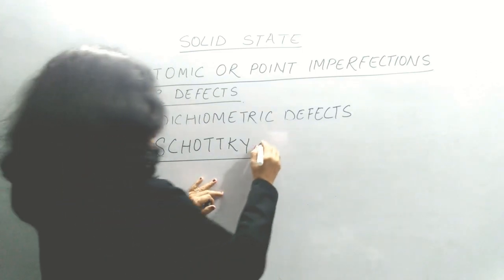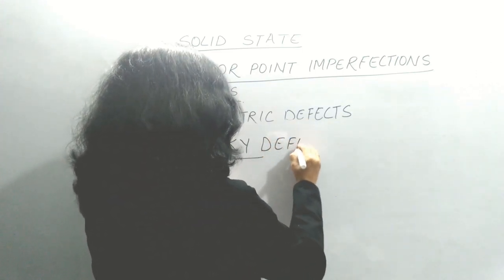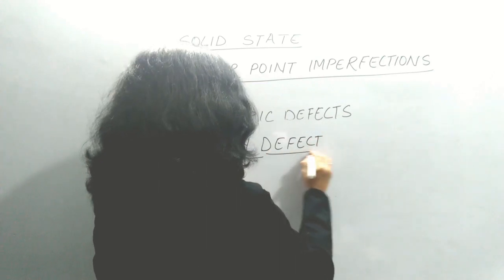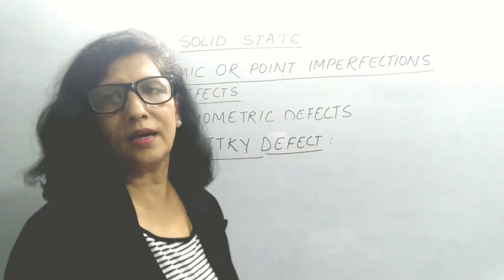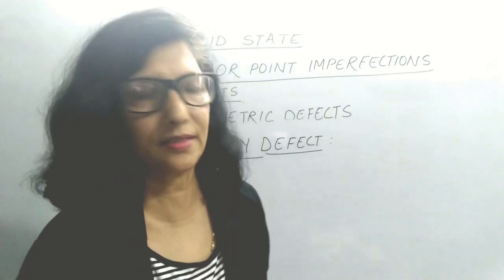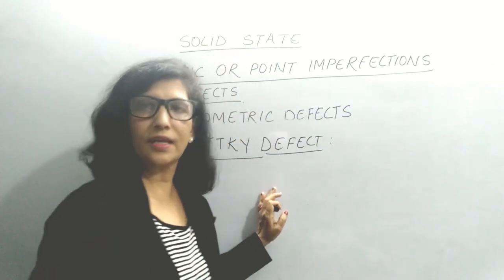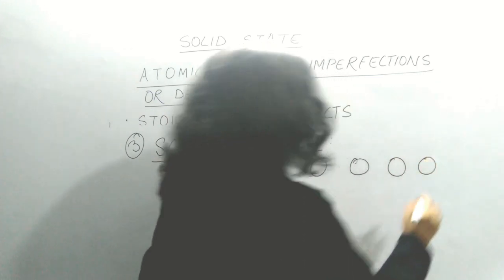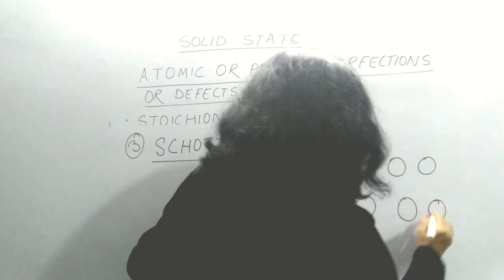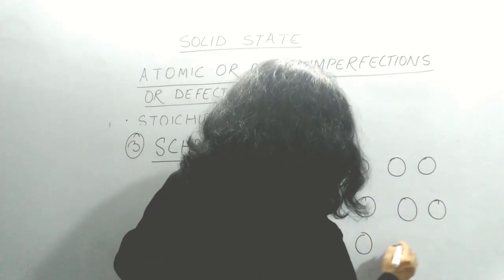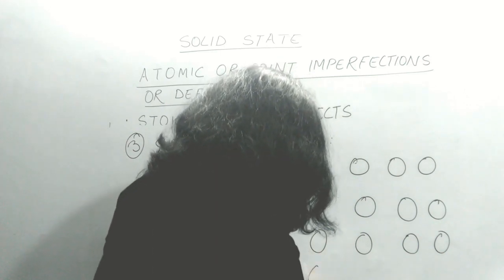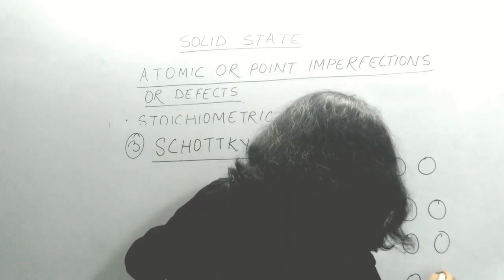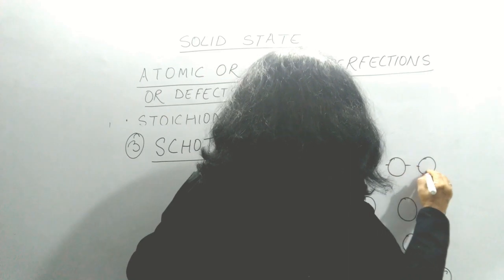We can see Schottky defects. When certain ions are missing from the lattice sites. Shall we see the lattice of a crystalline solid? So we are creating here lattice, and we will see how the ions are missing from the lattice sites.